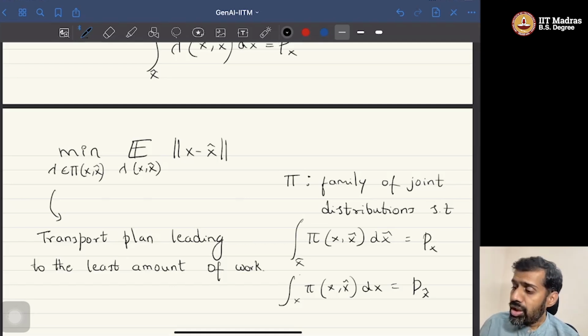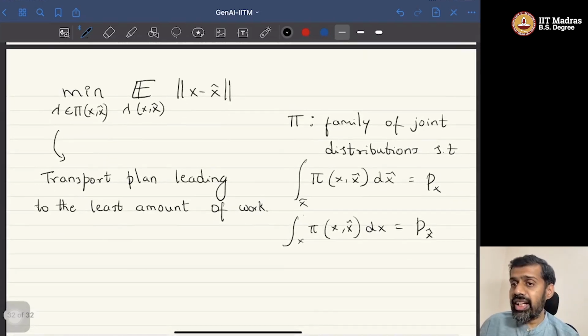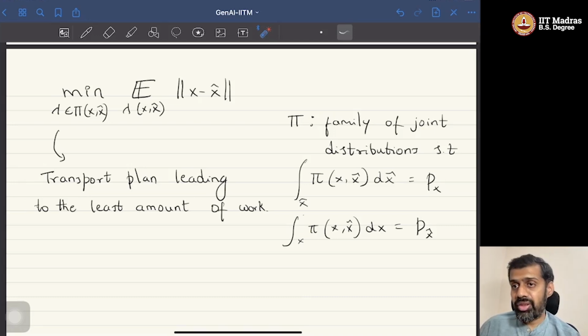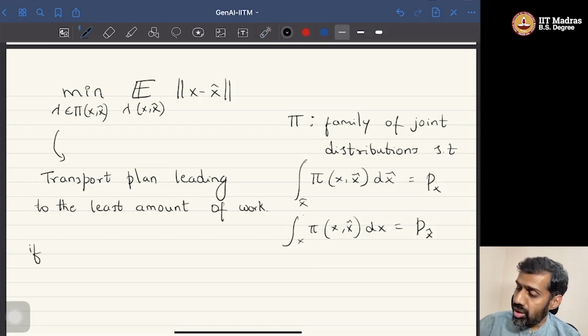Now one can intuitively see that the lesser the least amount of work that is done to transport one distribution to the other, the closer the distributions are. Correct? What am I trying to say?